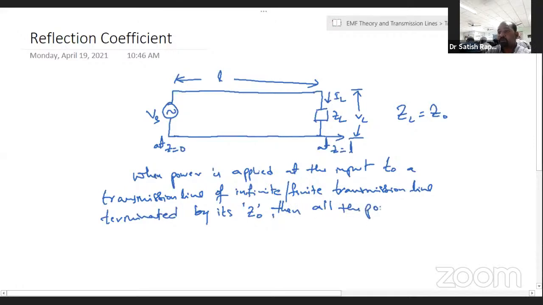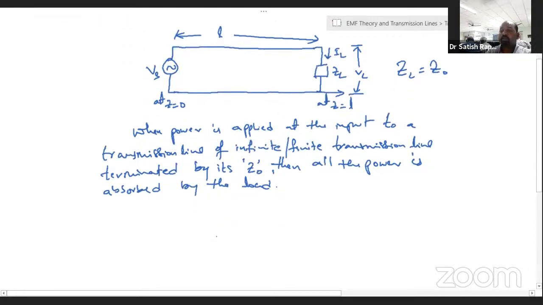all the power is absorbed by the load, right? So that means the transmission line is perfectly matched.